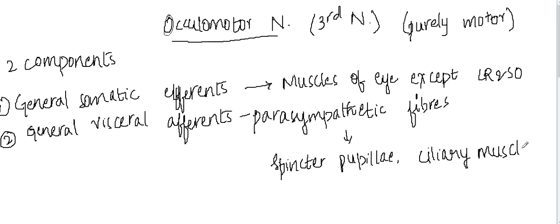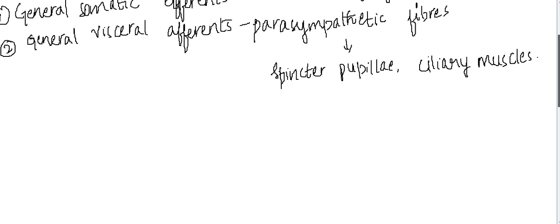So first let us learn about the course of this oculomotor nerve. This oculomotor nerve takes its origin from the midbrain. So let me draw the midbrain first.